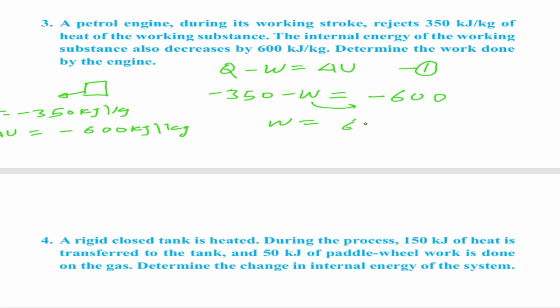From here I can take W to this side and this one to the other side, so 600 minus 350 gives 250. Both are in kilojoule per kg, so the answer is also in kilojoule per kg.